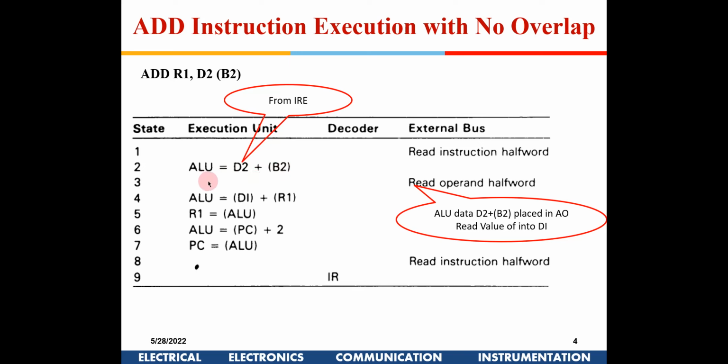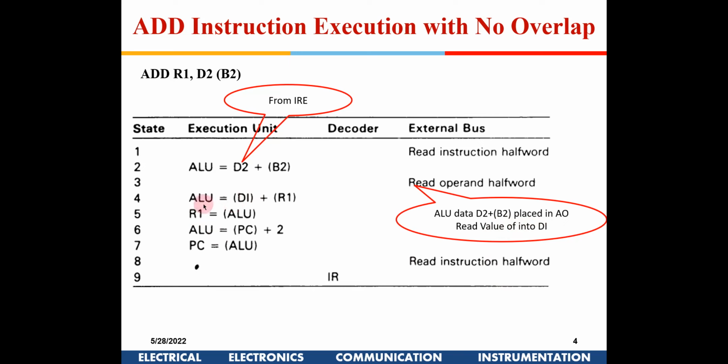That calculated new address is going to be placed in the address out register, and then the data from that memory is placed onto the DI register, right. The data is going to be placed into the DI register, okay.